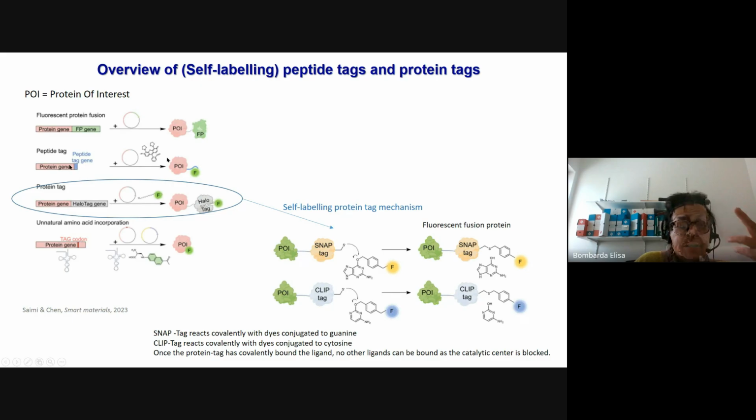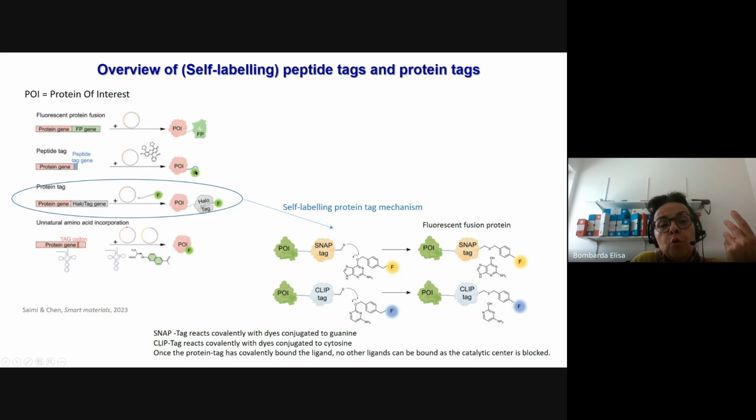Okay, so then again we need a modification of the plasmid, and then actually the fluorophore is integrated.